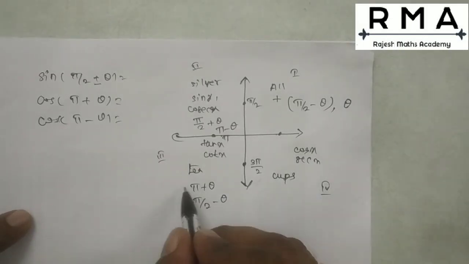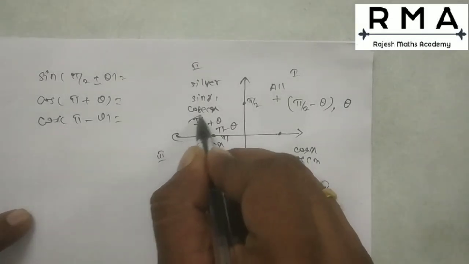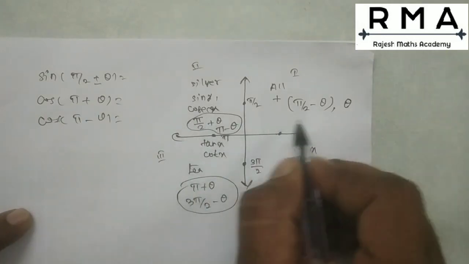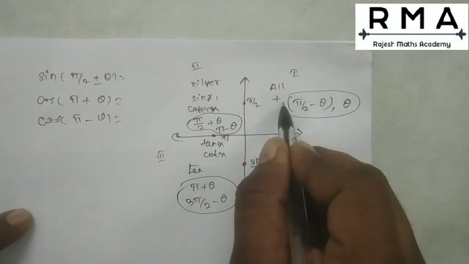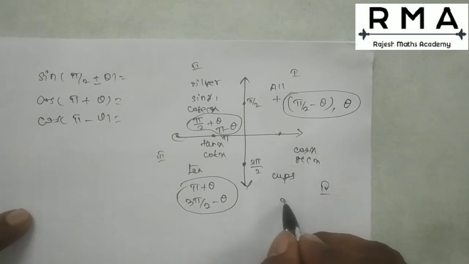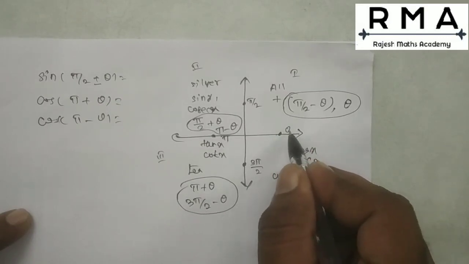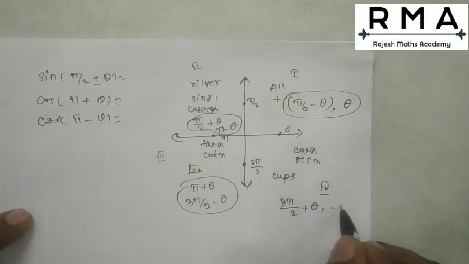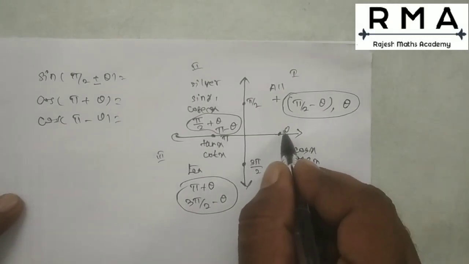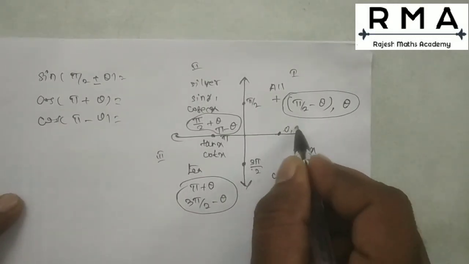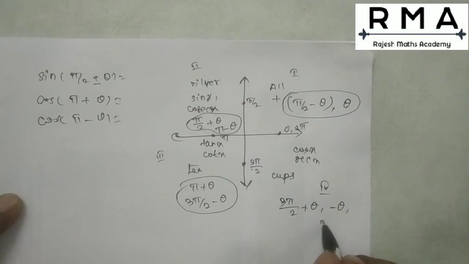Finally the fourth quadrant, these are very important. We can mention it as 3 pi by 2 plus theta, or from 0 degree, minus theta. One more thing we can mention: after 3 pi by 2 it can be written as 2 pi, so we can write 2 pi minus theta.